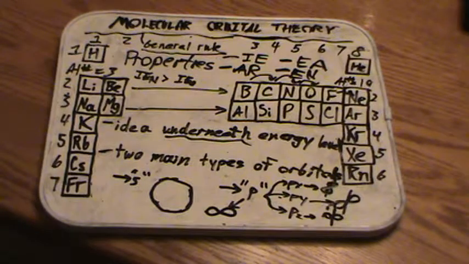A probability function. What this says is that the velocity and the position of an electron cannot be determined at any point in time, both of them together.